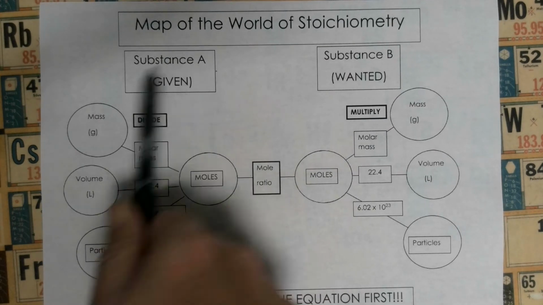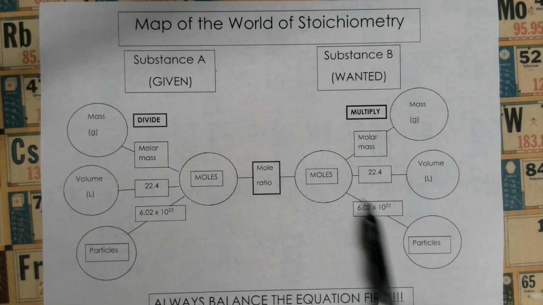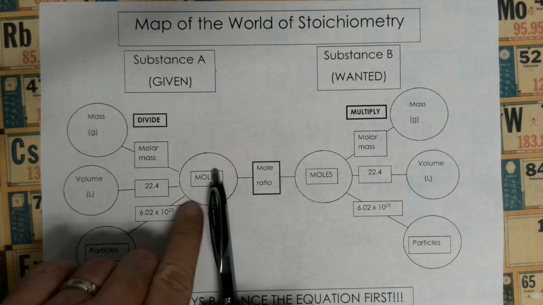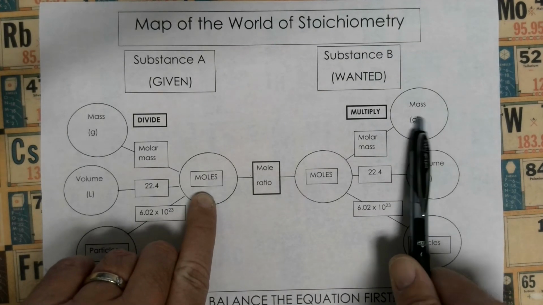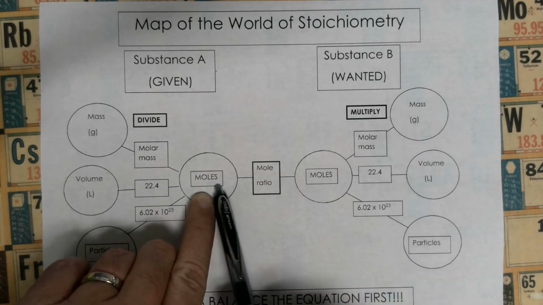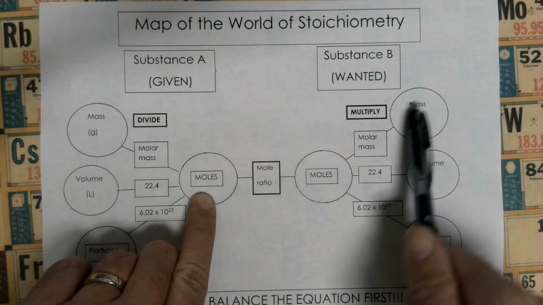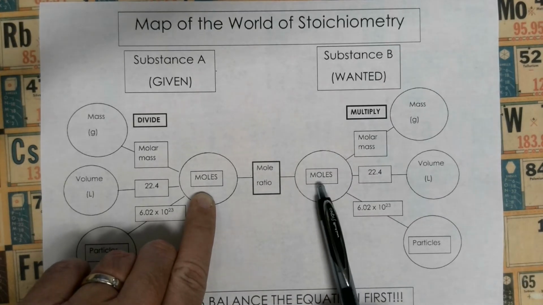So substance A, over on this side, is your given substance, and this is your wanted substance. We're given moles, and we're trying to get to grams of our wanted, because it says how many grams. So we're going to go from moles to moles using the mole ratio, and then from moles to grams using the molar mass of our wanted substance.